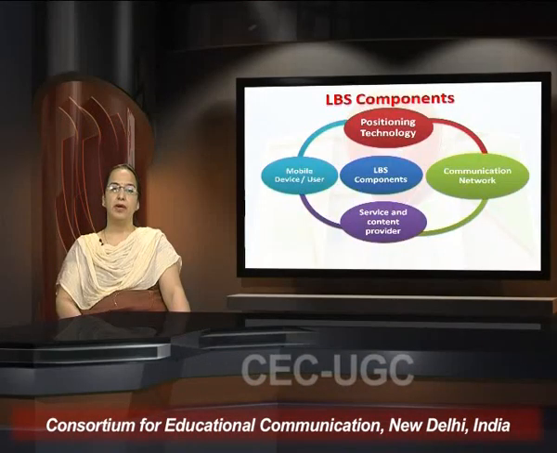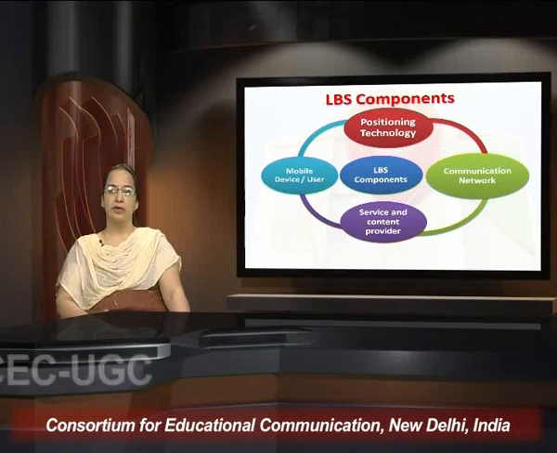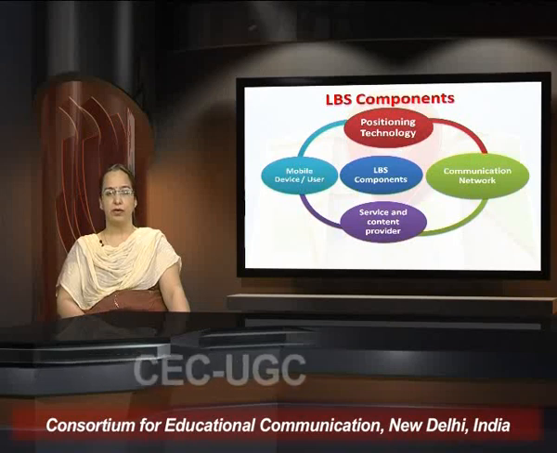The third component is the service and content provider. Service and content provider means, for example, let us say I am asking for some near me services. Some near me services are stored somewhere in databases of the kind of GIS or spatial databases, which I already told you about.